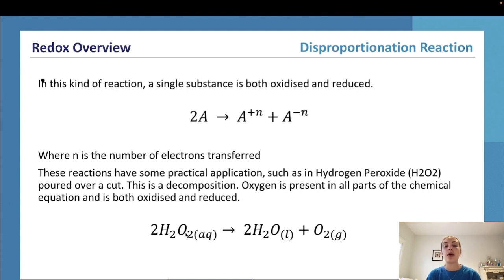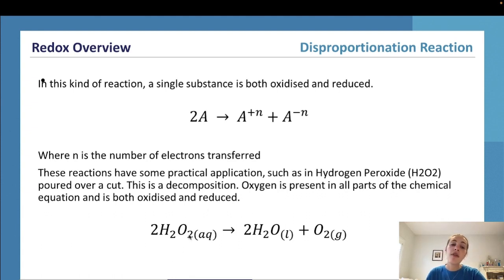So the oxygen here is going from minus 1 to minus 2, so it's being reduced, it's gaining an electron, whilst the oxygen going to the oxygen gas is going from minus 1 to 0, which means it is going to lose an electron per oxygen atom, and so hence it's being oxidized.